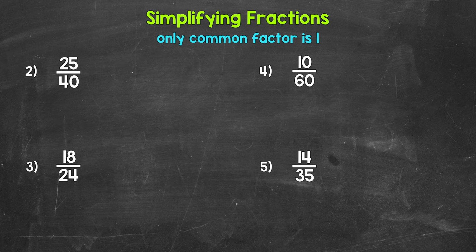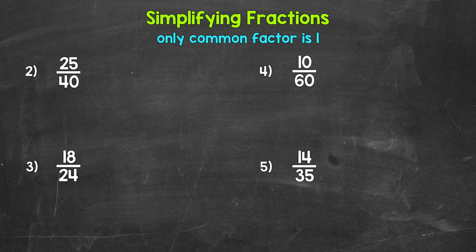Taking a look at numbers 2 through 5, we're going to simplify these without writing out factor lists. Just remember, we're looking for common factors that we can divide our numerator and denominator by. For number 2, we have 25/40. Are there any common factors between 25 and 40 other than 1? Yes, 5 is a common factor.